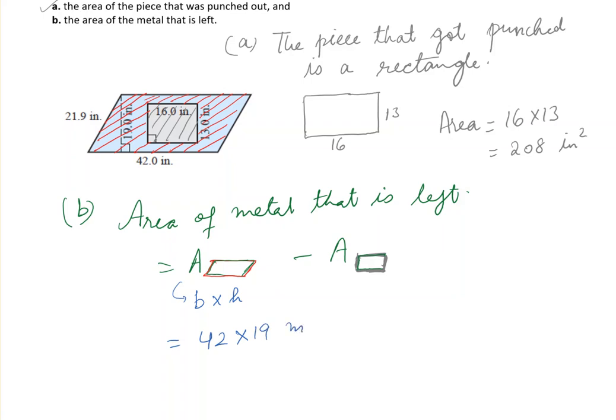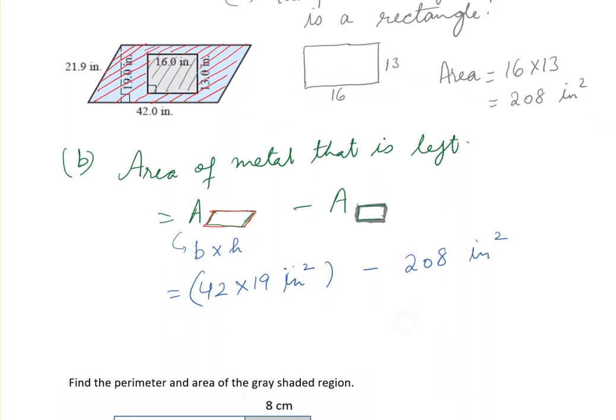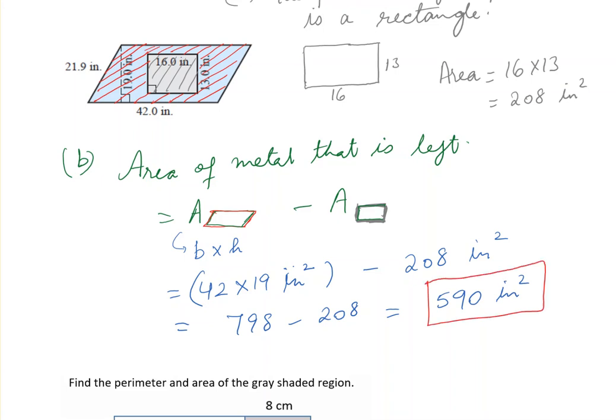So we have this for the area of the parallelogram, and we have the area of the rectangle that we already found in part A, 208 square inches. Now we're just going to do the subtraction. When we do the calculations, we get 798 minus 208, which means 590 square inches is the area of the metal that is left.